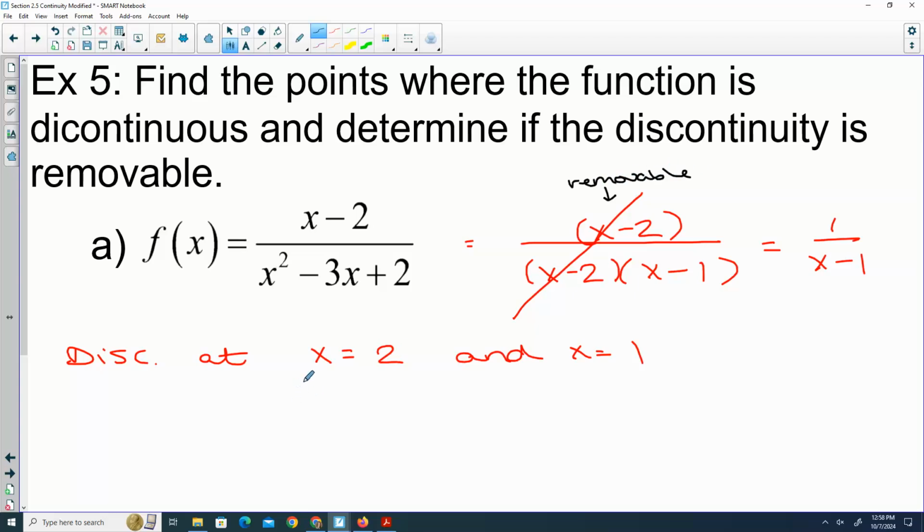So x equals 2 is a removable discontinuity. It makes a hole in the graph. If you're left with something on the bottom that doesn't cancel, it's a vertical asymptote. So a vertical asymptote, that is infinite.